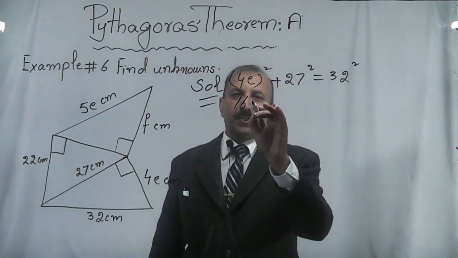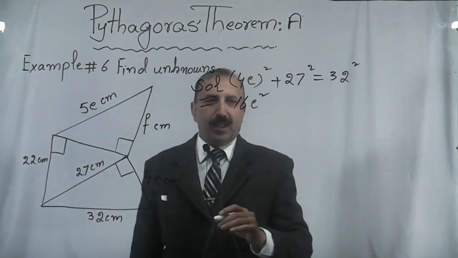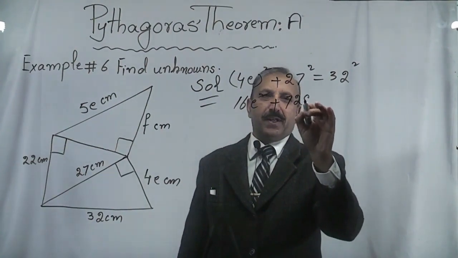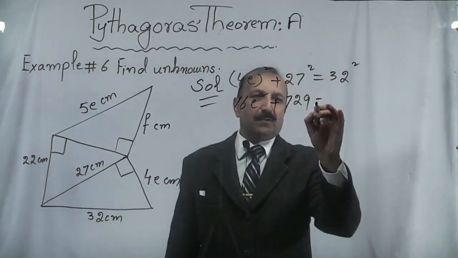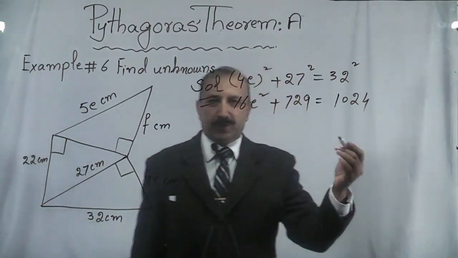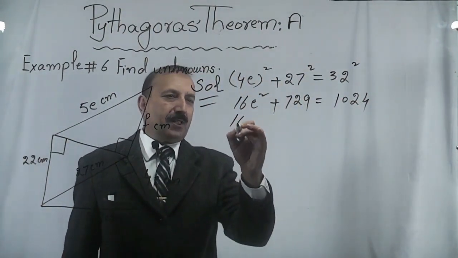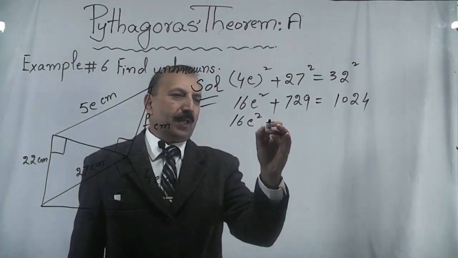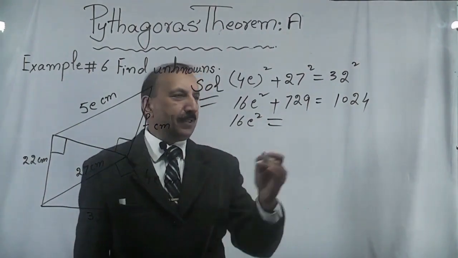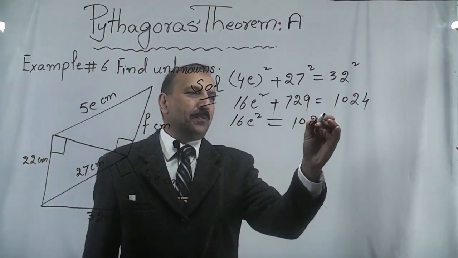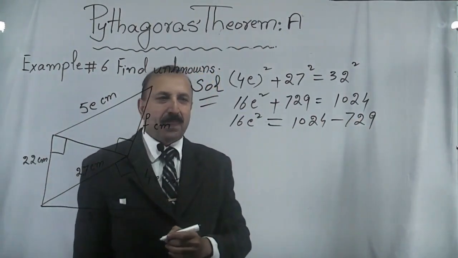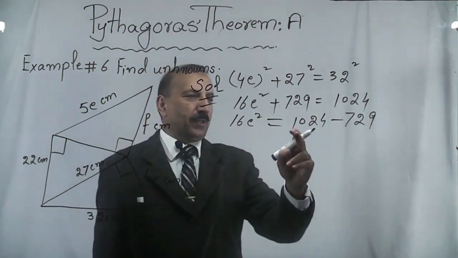This is 16e square plus 729, and this is equal to 1024. We carry on this step: 16e square plus, we will transfer this to the other side, and this will give us 1024 minus 729. Let's subtract this from this one.